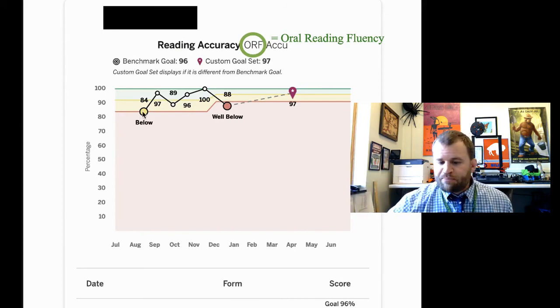Again, the student started right on the cusp of being well below benchmark, which is not a great score. But look, right here, this student had 100%. That's amazing. This is just a snapshot on one day. And again, if we were to draw a line, this student would be showing some really great progress.